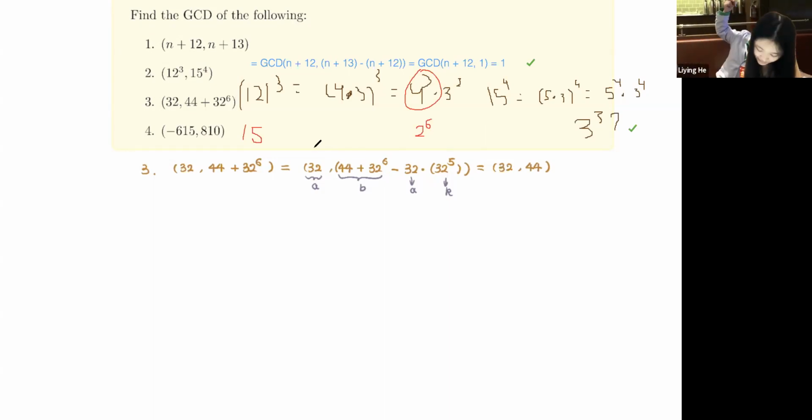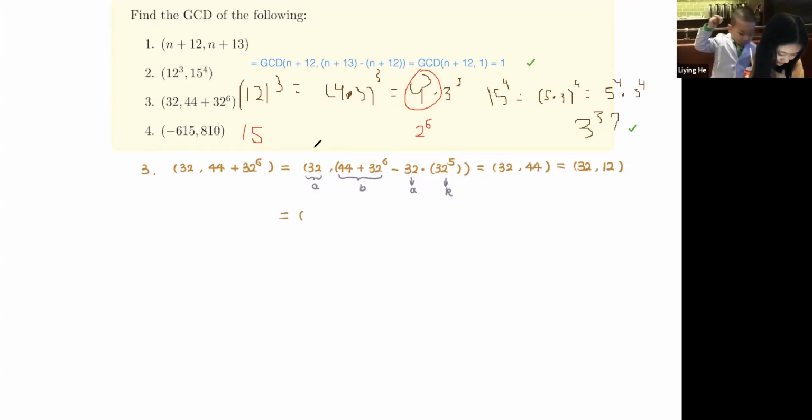Okay, let's continue then. Which equals 32, 44 minus 32, which is 12. So let's do it again: 32 minus multiples of 12.